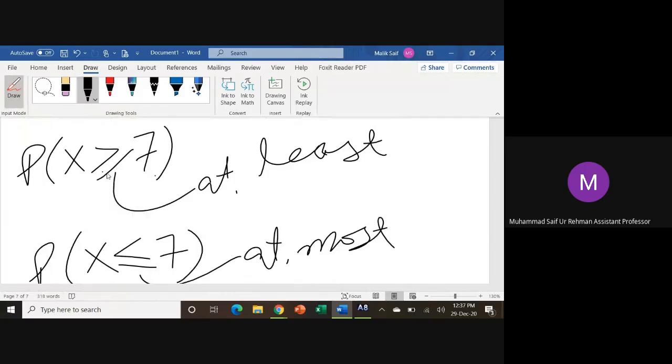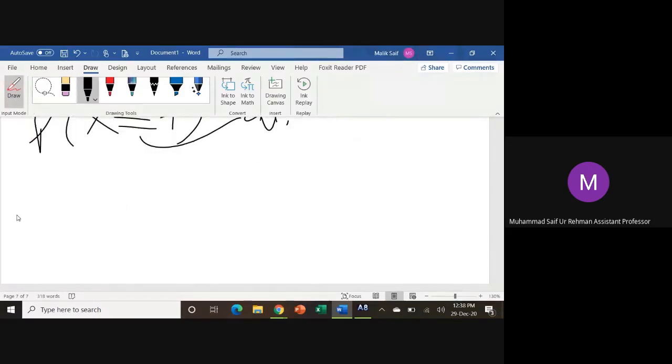So now first of all, if you are interested in solving this, how will you solve it? Probability of x greater or equal to 7. Now again you can take into account 2 routes, but you should choose the route in which you have to use fewer terms. Fewer terms will be there with this strategy, greater than or equal to 7.